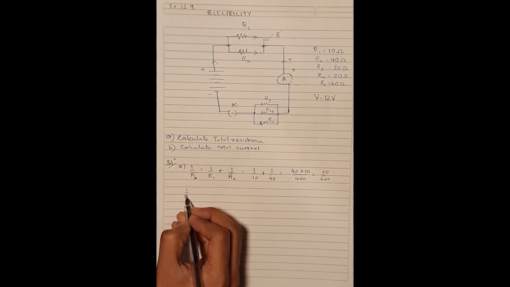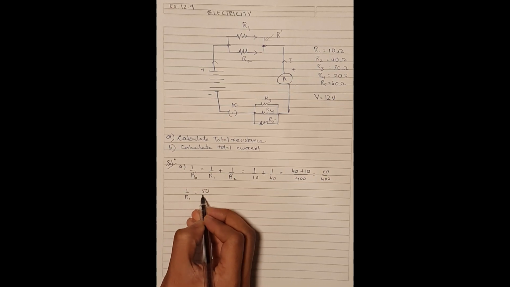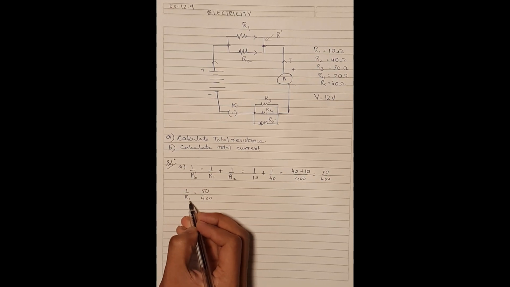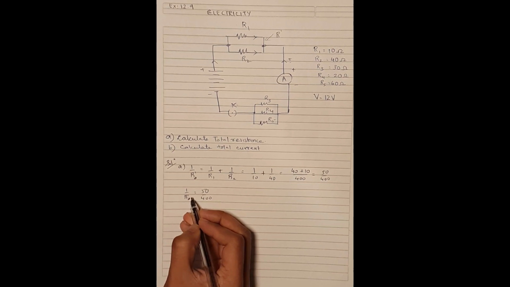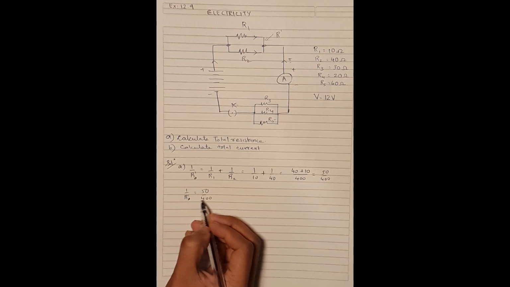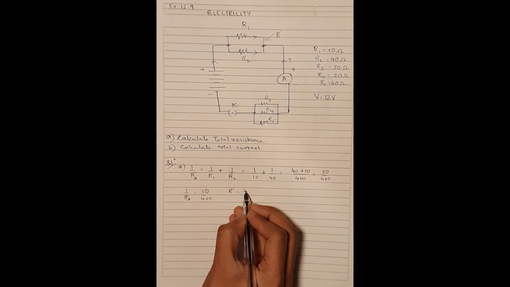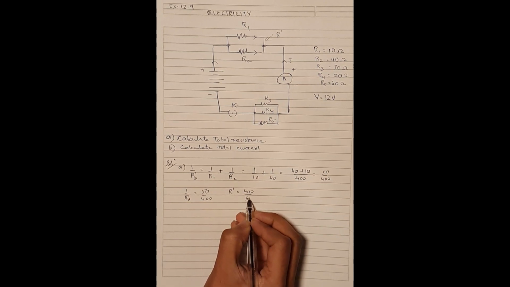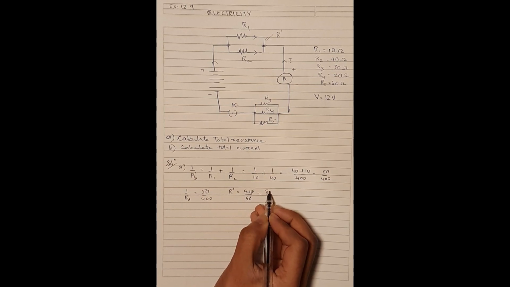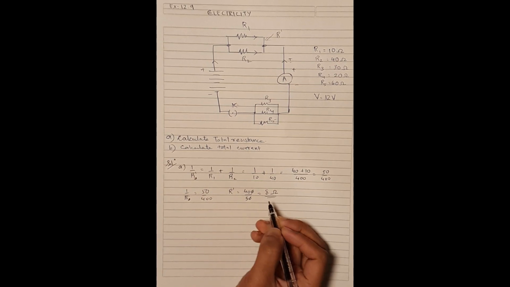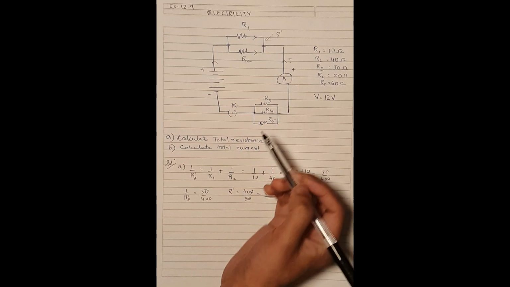So 1 by R prime is equal to 50 by 400. If we want to find R prime, we will just flip this. So R prime will be 400 divided by 50. So this is 8 ohms. So the equivalent resistance R prime is 8 ohm.